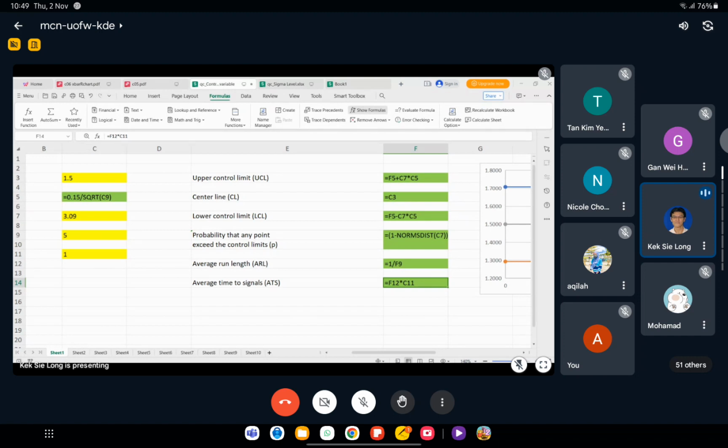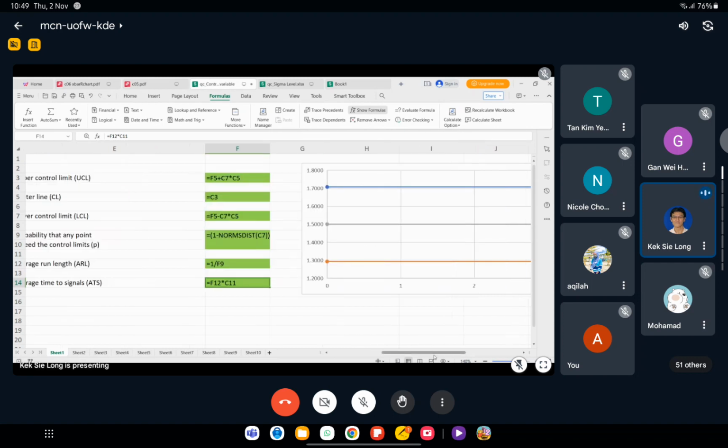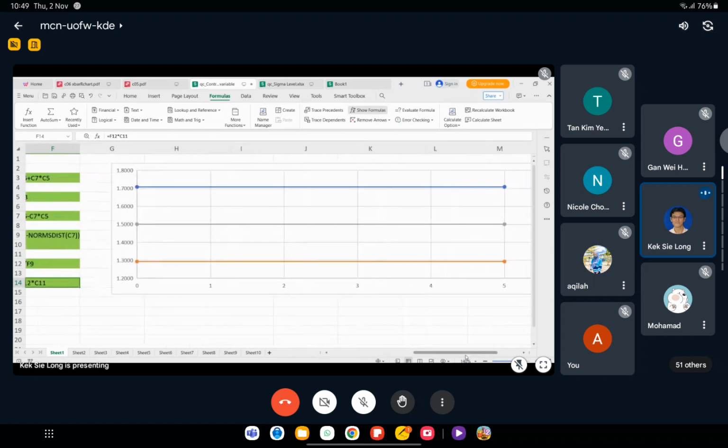And then how to plot the control chart? Refer to the values we have. We know the upper control limit, the center line, and the lower control limit. Once we know these three items, UCL, CL, LCL, it is enough for us to plot an empty control chart with no other points.